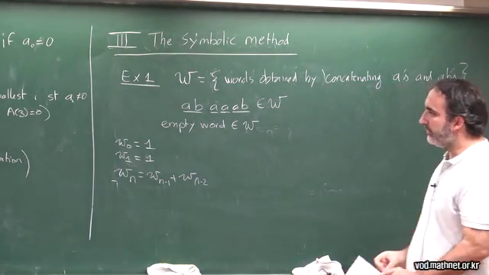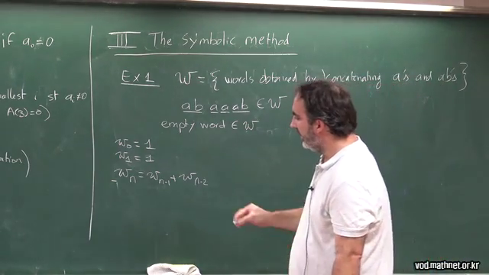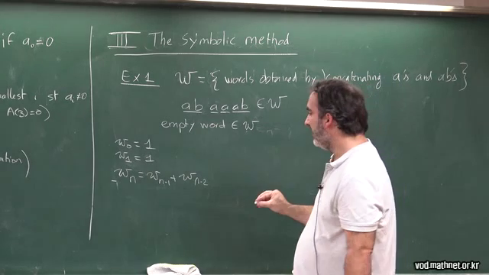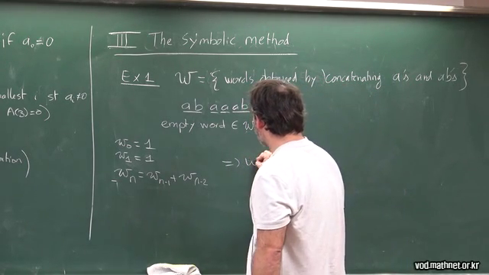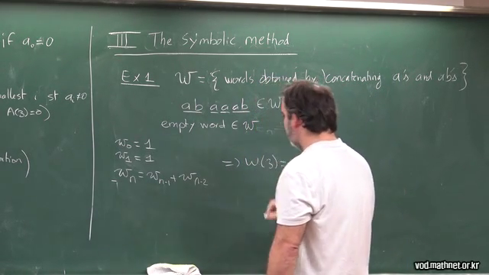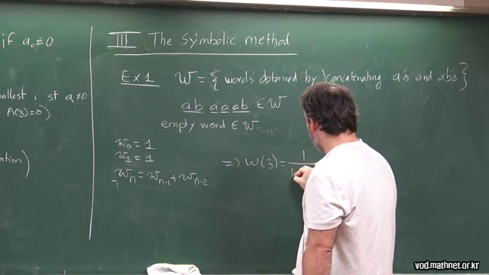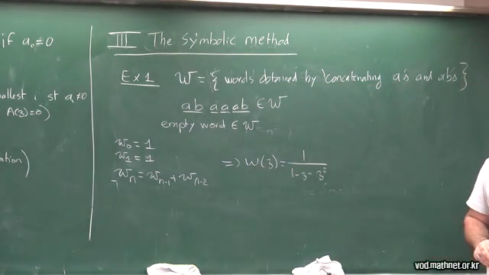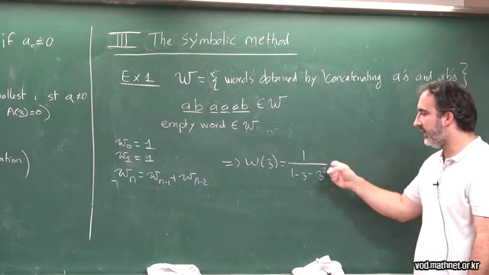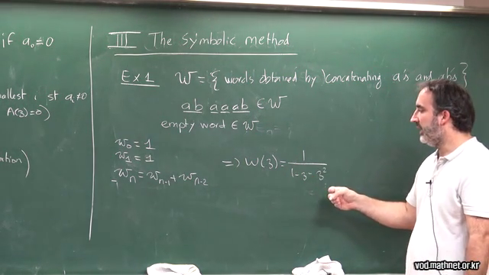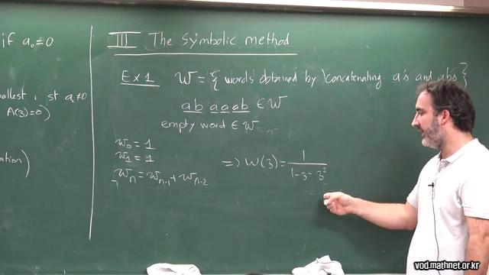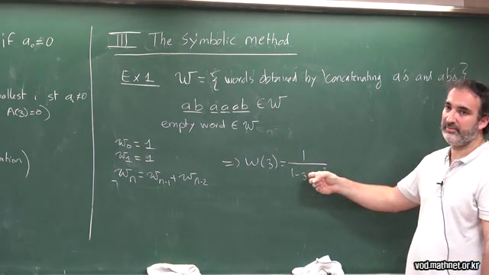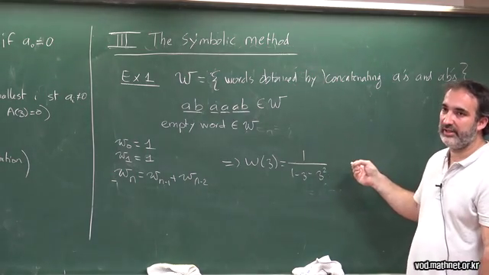And now if you want to switch to generating series, then you multiply by z to the n, you do some computation, and then you obtain that W of z equals 1 over 1 minus z squared. This notation means that it is a formal power series such that if I multiply it by 1 minus z squared, I get the identity.